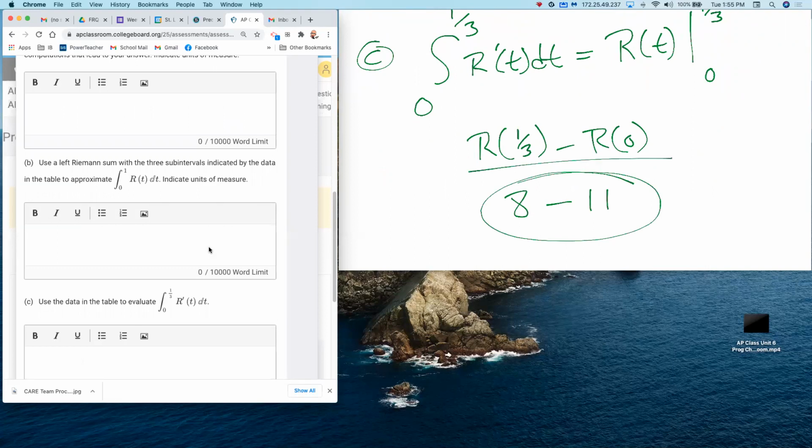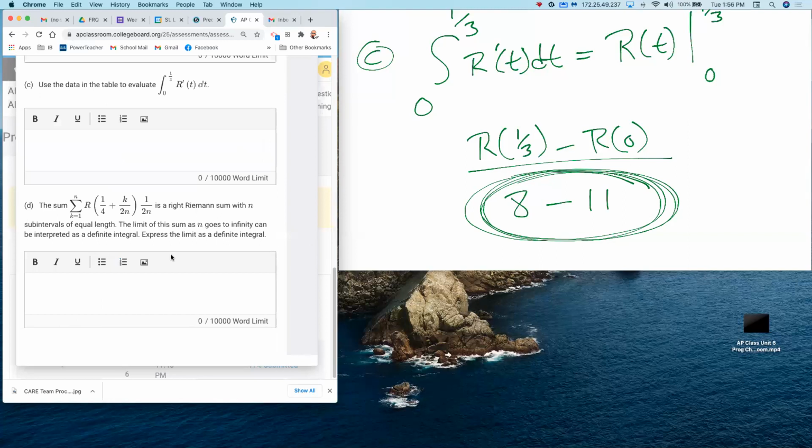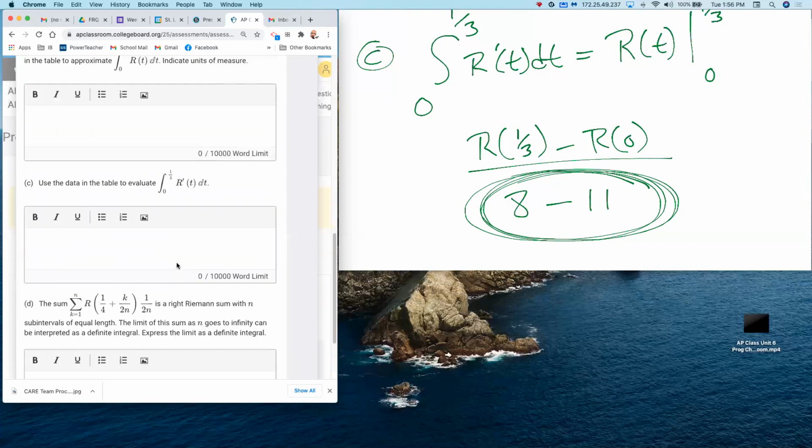You can't just stop at r of 1/3 minus r of 0. You can have that down there, but technically this is what you want to put down. I would probably put all 3 lines down here, but in the end, this is what we're grading. And then part D, we're going to maybe cover that later, but we won't do that right now.